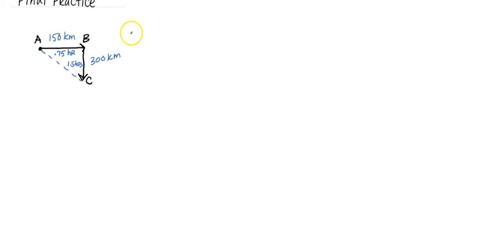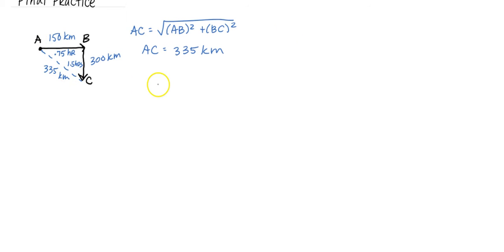So to figure out A to C, we just use the Pythagorean theorem. And this comes out to 335 kilometers. To figure out the total time, I just take the 3/4 of an hour plus an hour and a half.